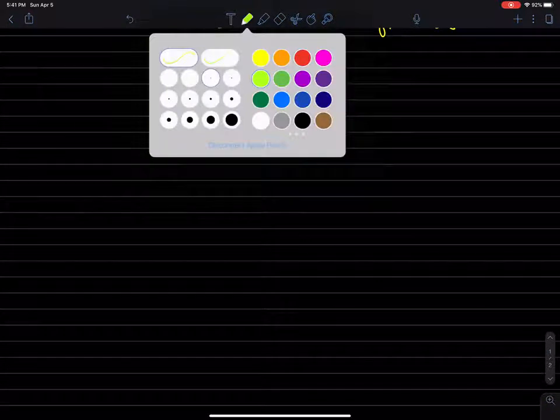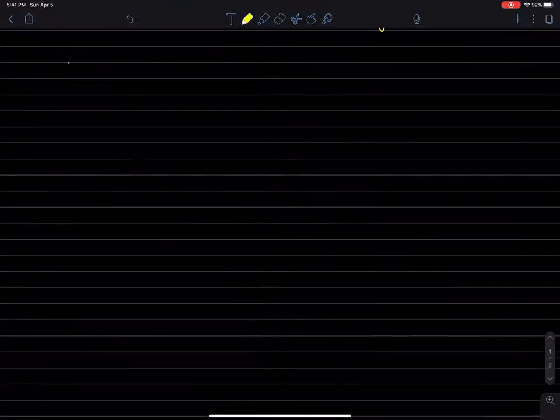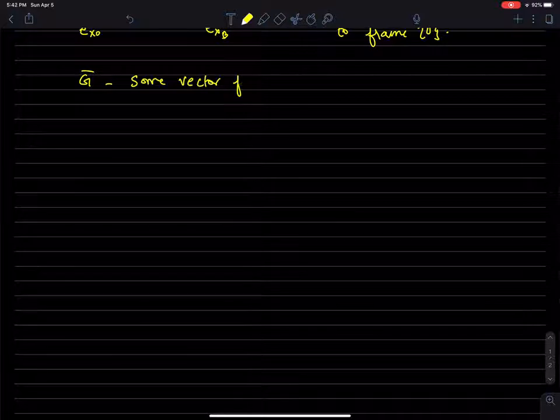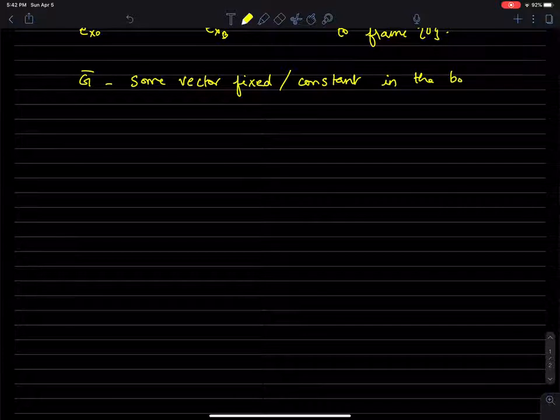Let's write the premise down. G, some vector, fixed or constant in the body fixed frame.